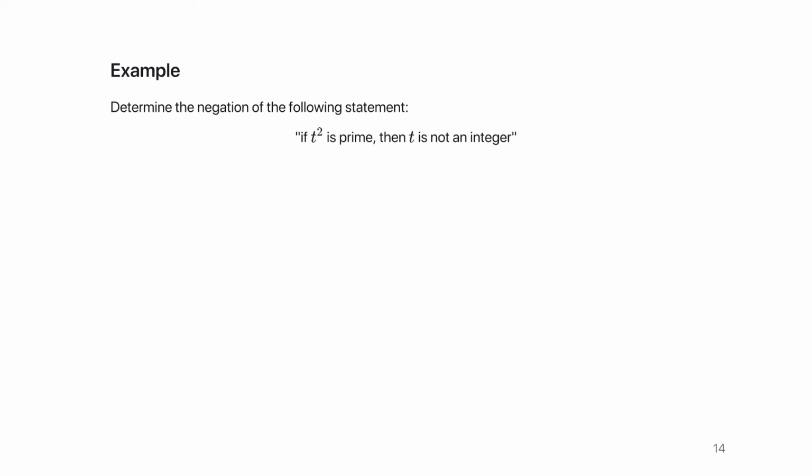And you might want to try and use De Morgan's laws. First, you might want to abstract the whole t squared and t thing away to this being p and this being q, and use De Morgan's laws to try and find the negation of the implication.